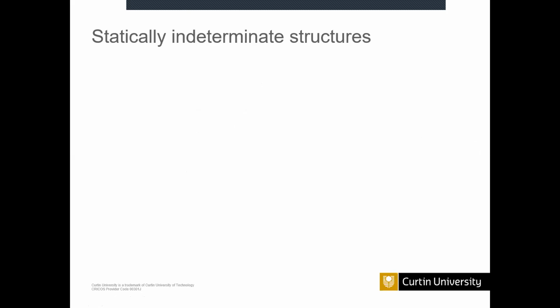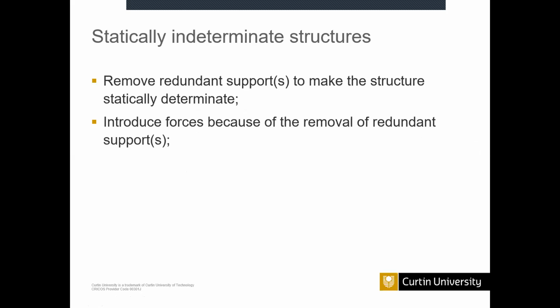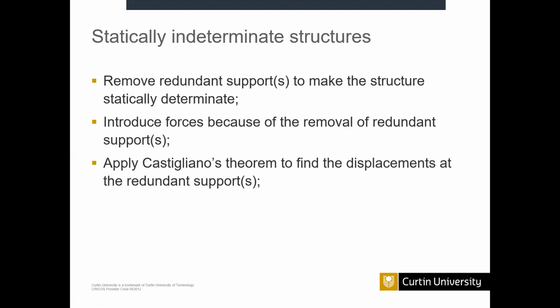Statically indeterminate structures: remove redundant supports to make the structure statically determinate. Then introduce a force in place of the removed redundant support. Apply Castigliano's theorem to find the displacement at the redundant support.